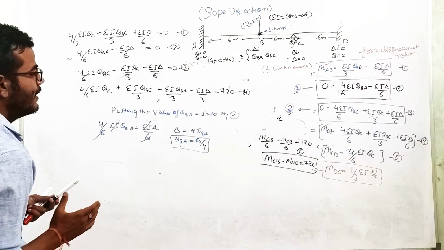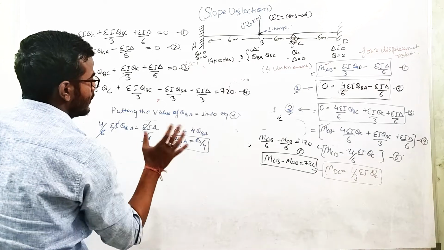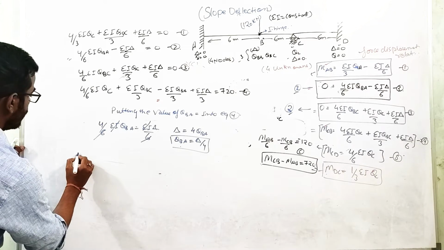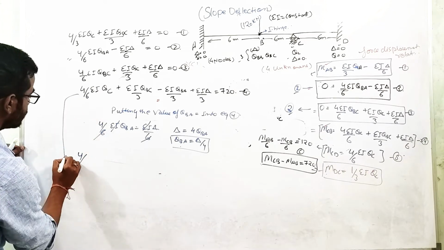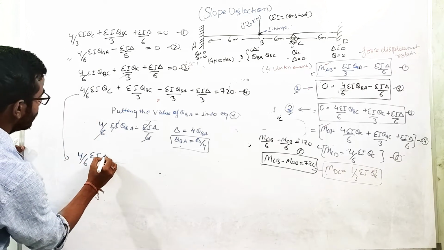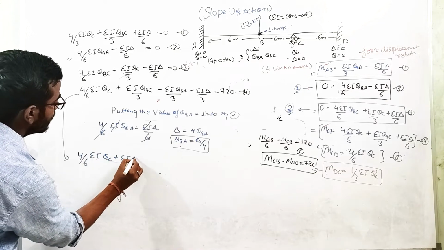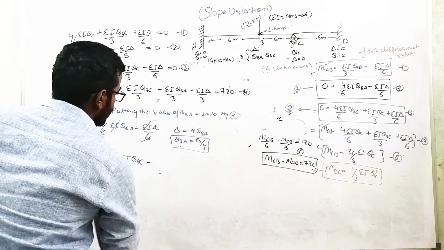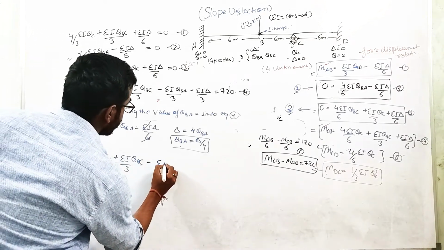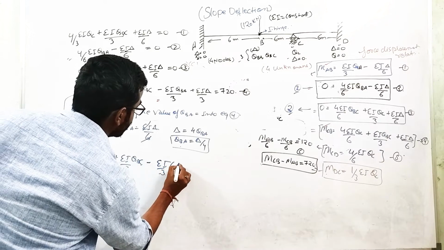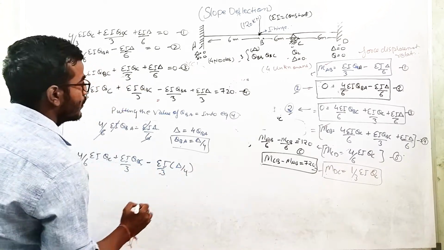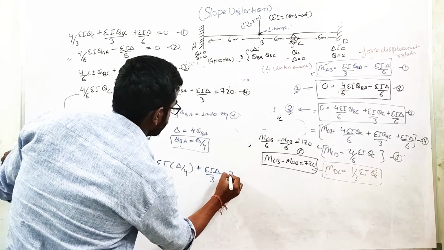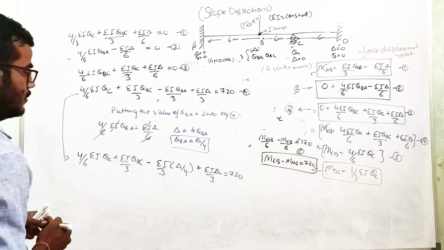Now let us put the value of theta BA equals delta by 4 and get the other expression. So this equation will become 4 by 6 EI theta C plus EI theta BC over 3, right? And minus EI by 3, theta BA is nothing but delta by 4, and this is plus EI delta by 3 equals to 720, right?